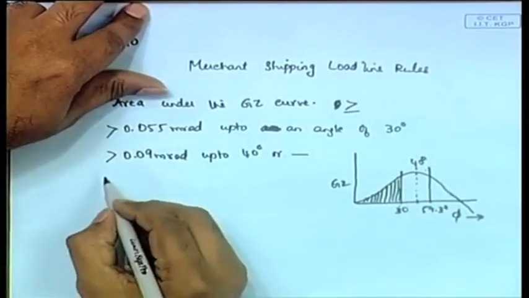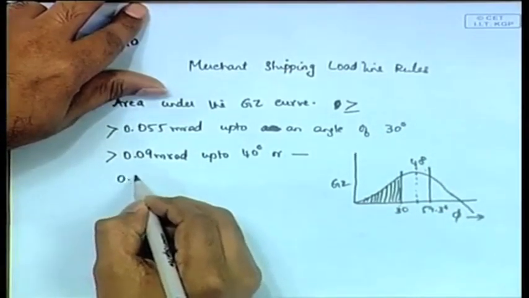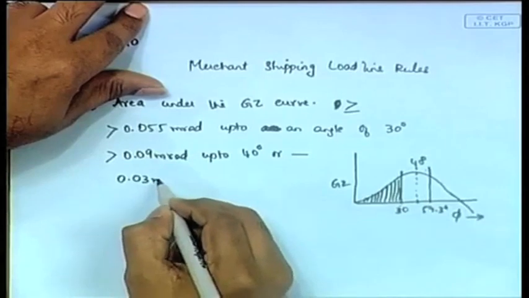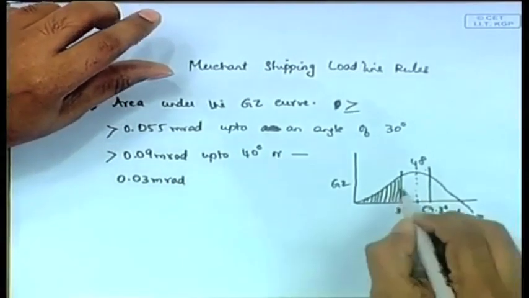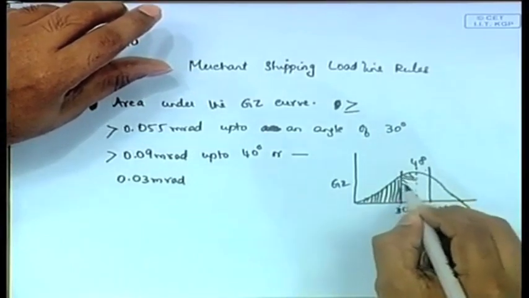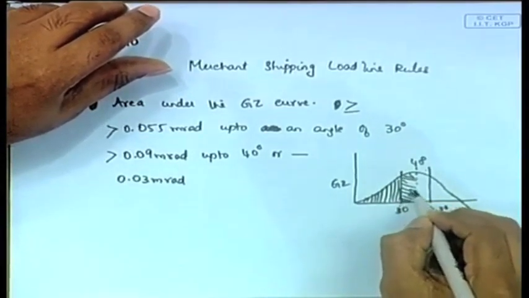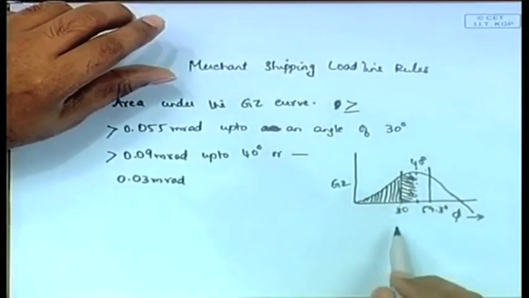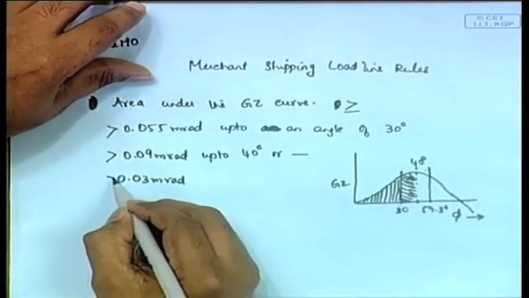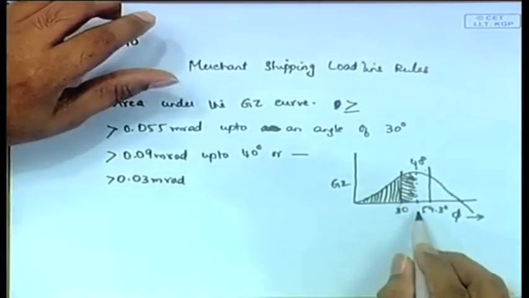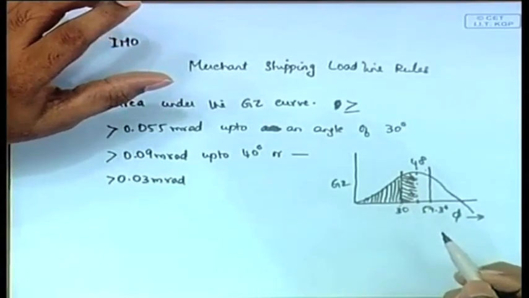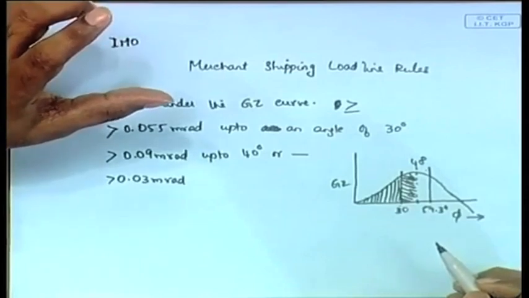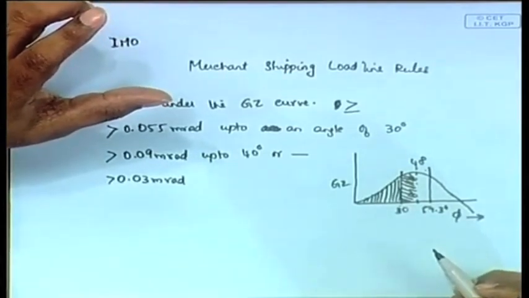And in addition, now there should be, between 30 and 40 degrees, this is the third rule, between 30 and 40 degrees there should be at least 0.03 meter radians of area.